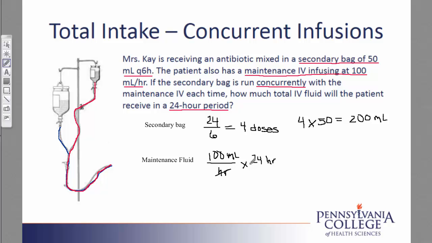I set this up somewhat like dimensional analysis, although truly all I am doing is multiplying. And so from the maintenance fluid, we will receive a total of 100 times 24, or 2,400 milliliters.